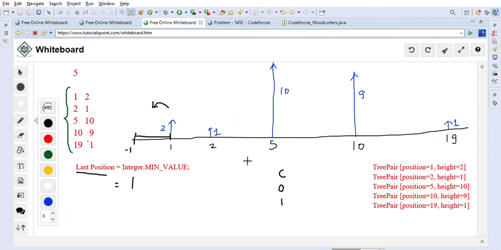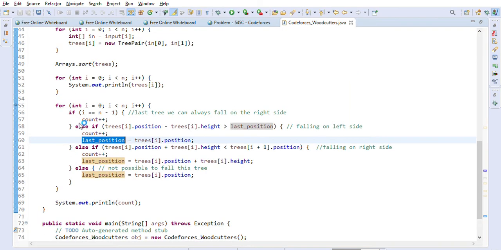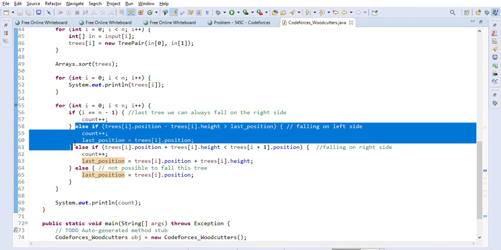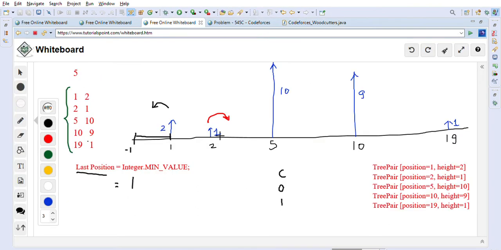So this is our original example, right? This one we cannot fall on the left side, so we will try to fall it on the right side, right? So in this case left side is not possible in our case of 2, because if we are falling it on the left, it will touch 1, which is the last position. So we have to fall on the right side.